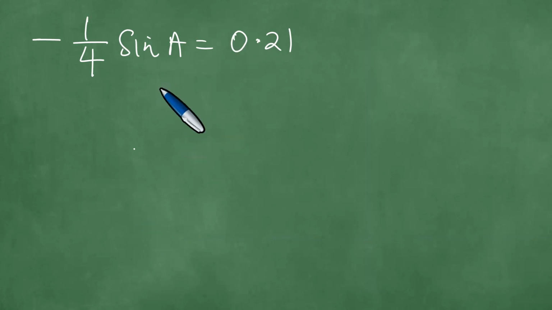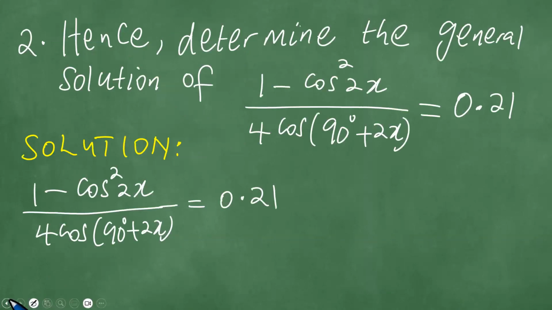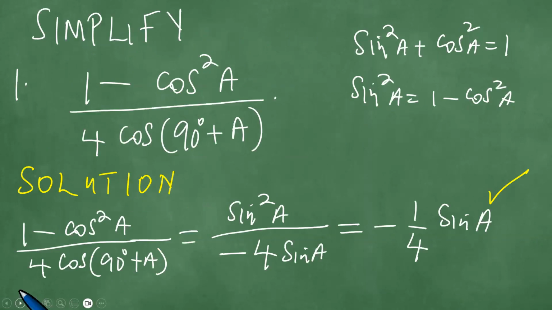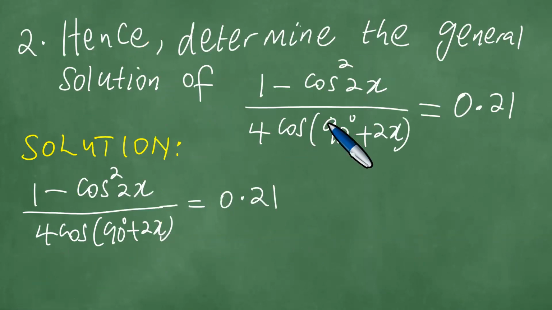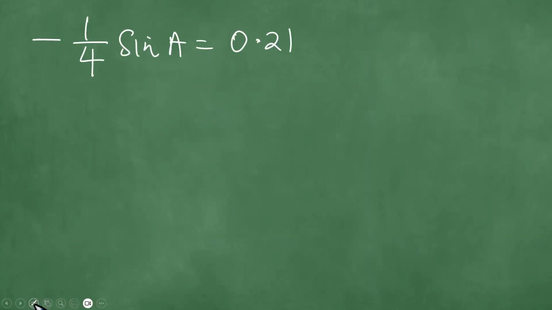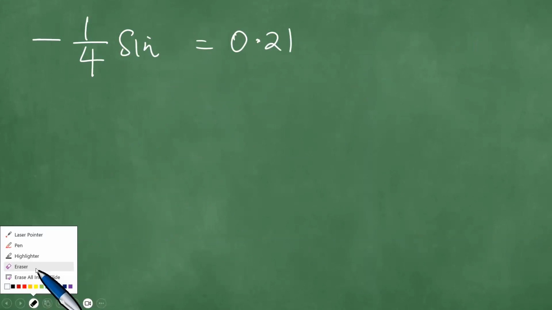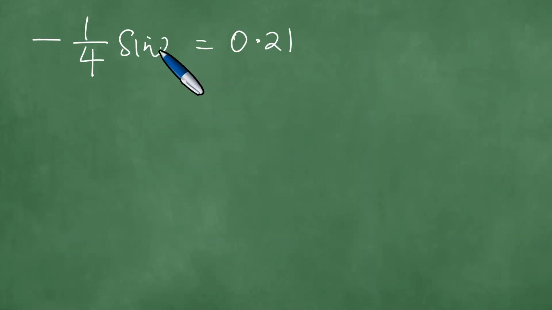Let me see what we've done here. Obviously we got minus 1/4 sine A, but at this point you can see that we had cosine squared A, and this was 90 degrees plus A, and this one is 2x, so the angle is going to be exactly 2x.